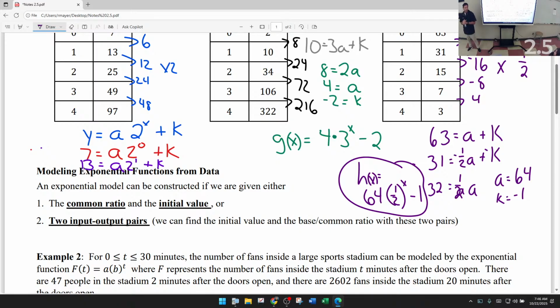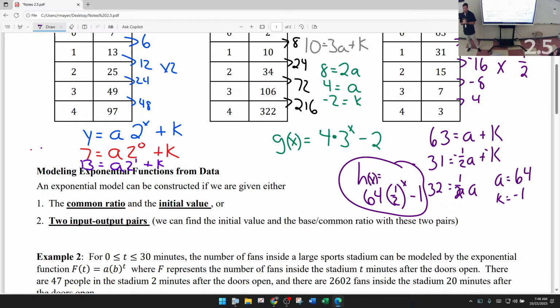Anybody know another way I can write that equation? There's another way I can write that equation. You can't do anything to 64 and you can't do anything to negative 1. Hit me. Not square root, because it's not a power of 1/2.